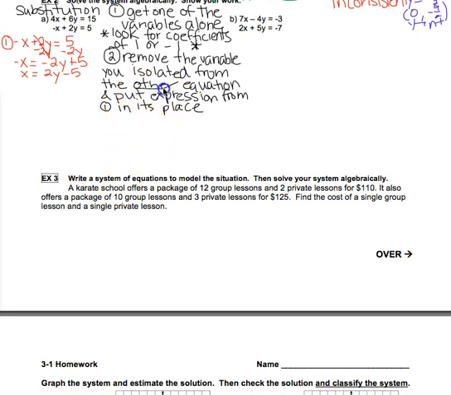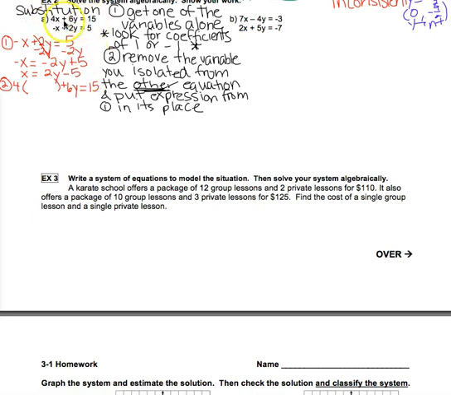Now notice this is key, the other equation. The equation I just used was the bottom one. So when I go to step 2, I should be using the top equation. And I'm going to take the variable I isolated out of that equation. So I'm going to take the x out. I'm going to leave a blank parenthesis. Everything else about the equation should stay the same.